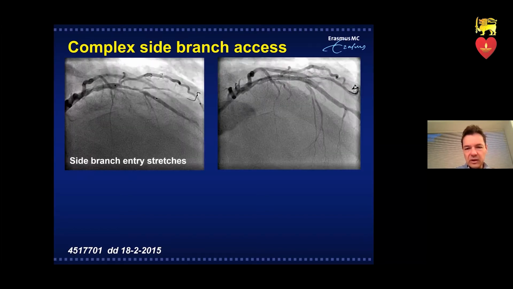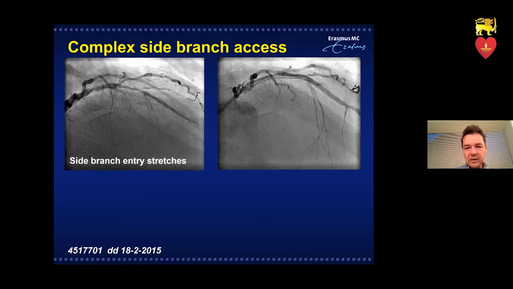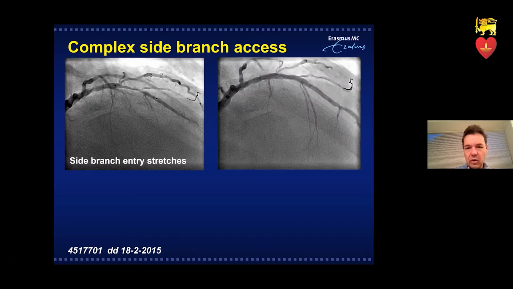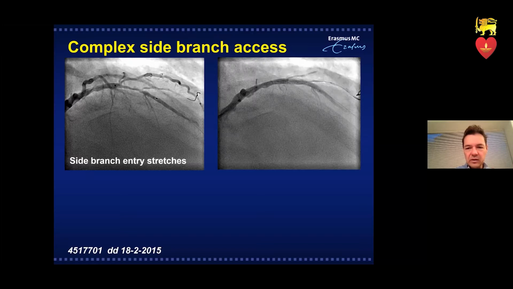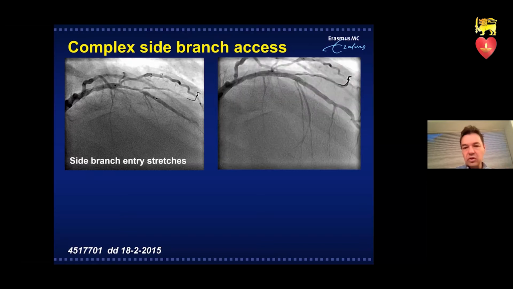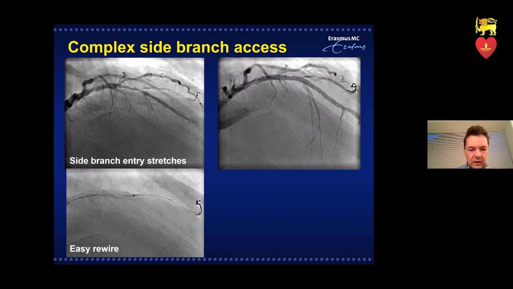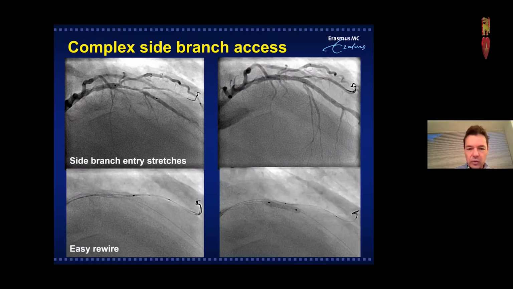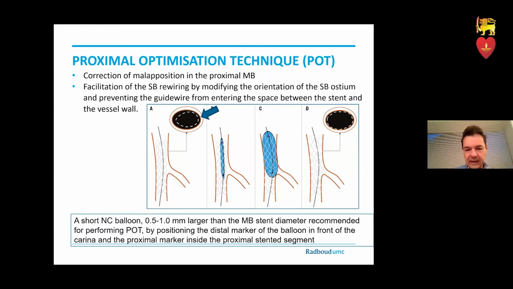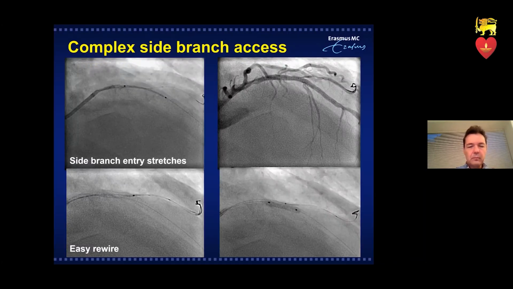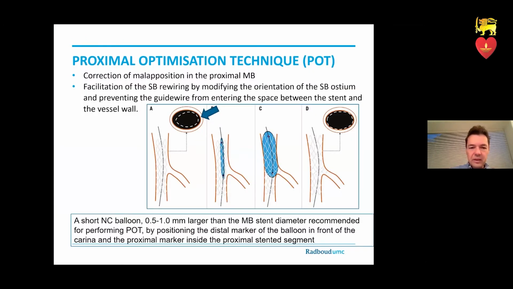In this case, after implantation of the stent, the vessel is still open. We have inserted the second wire, and then we can easily bring in a balloon and do a kissing to complete the bifurcation. So this is a proximal optimization technique.